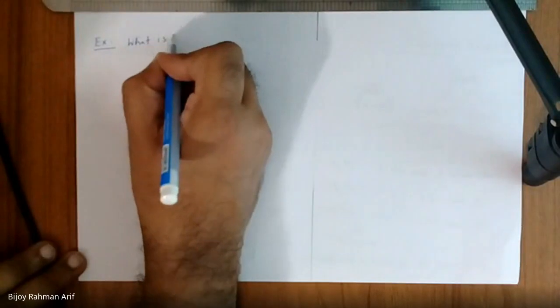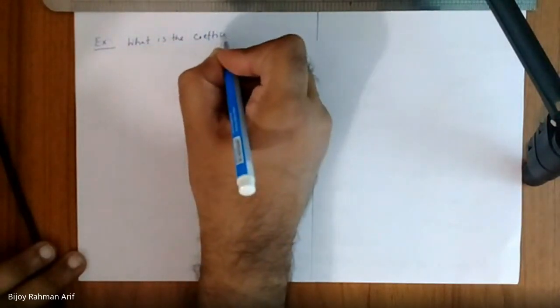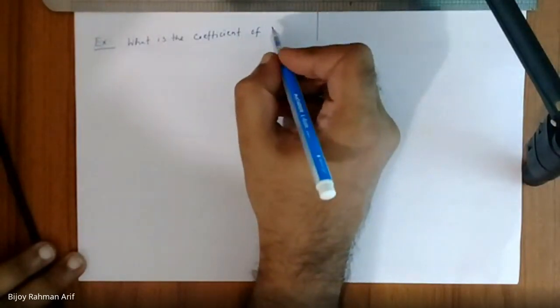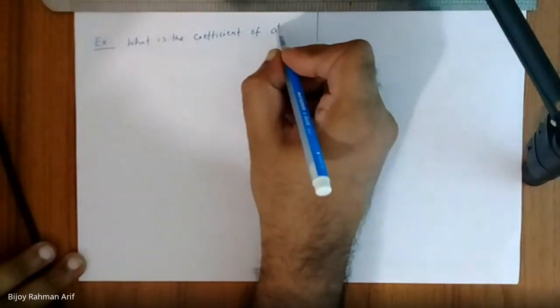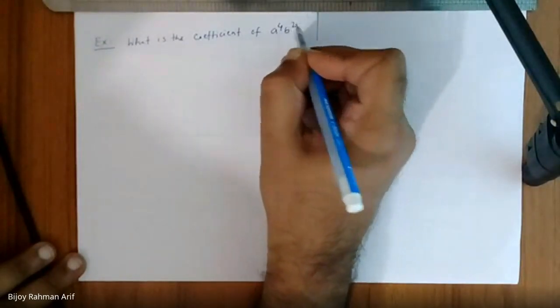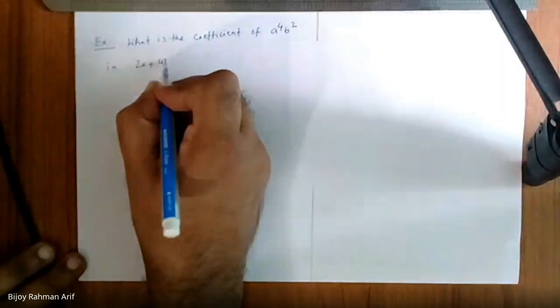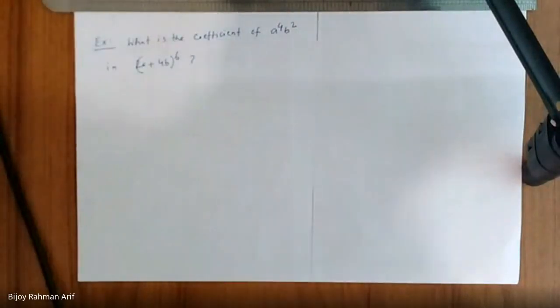What is the coefficient of a^4 b^2 in (2a + 4b)^6? Now tell me, what is the answer?